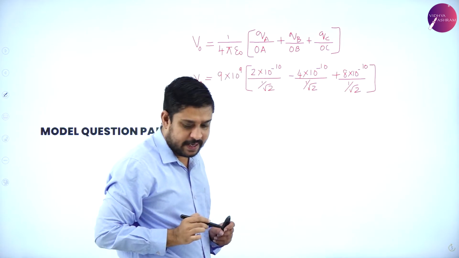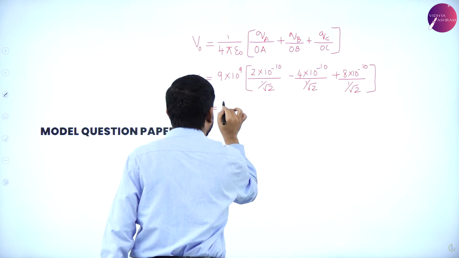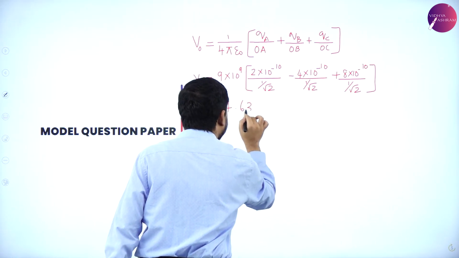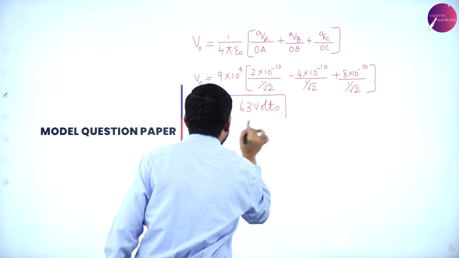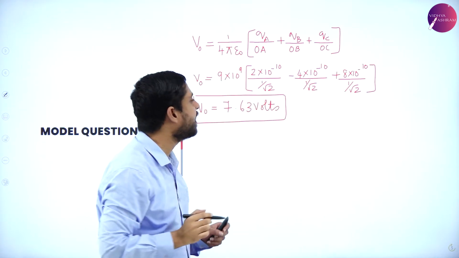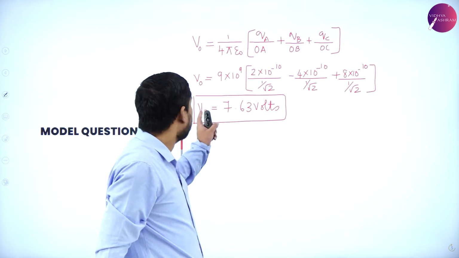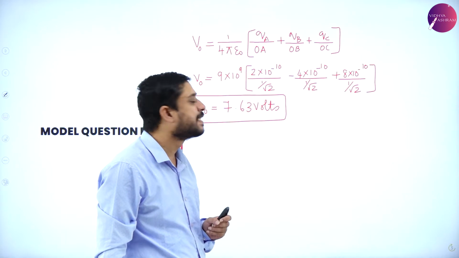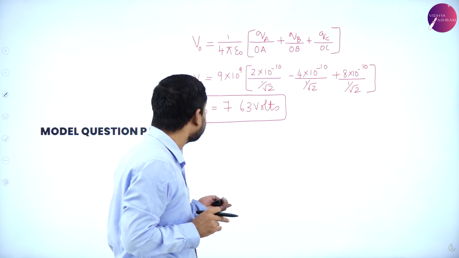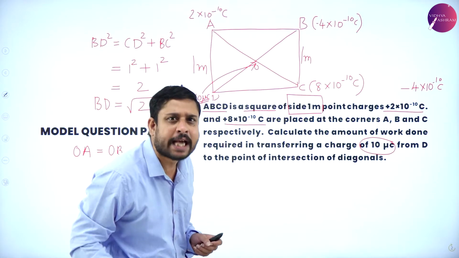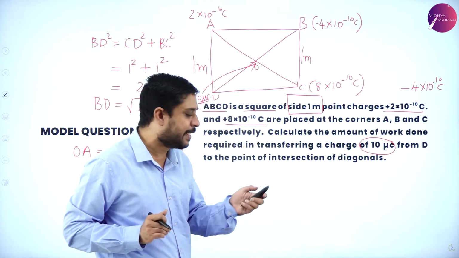And when I simplify this, VO turns out to be 7.63 volts. So this simplification, as I always say, is left to you all. So VO is 7.63 volts. My next task is to calculate the potential at the point D.